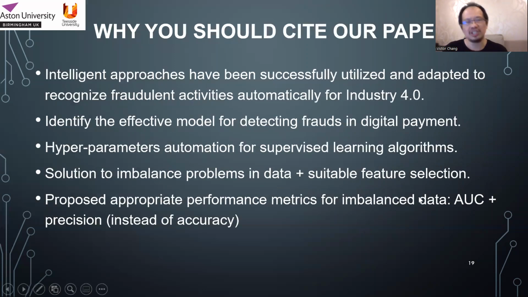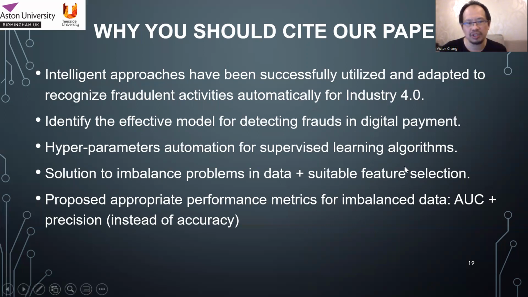So why should you cite these papers? First of all, the intelligent approaches have been successfully utilized in our research, and therefore our work can be adapted to recognize fraudulent activities automatically for Industry 4.0. Second, we identify the effective model for detecting fraud in digital payment. That's a very important thing now, because AI-enabled security allows us to detect fraud even in real time.